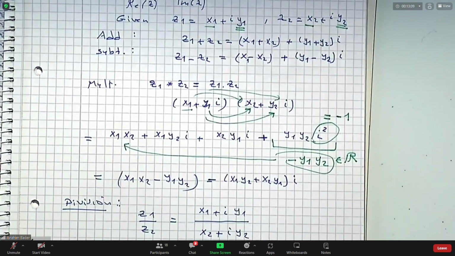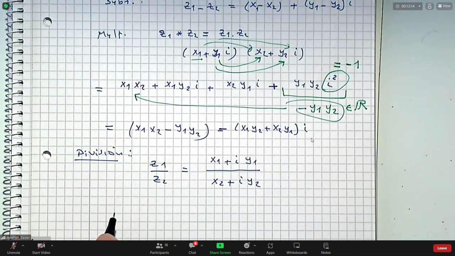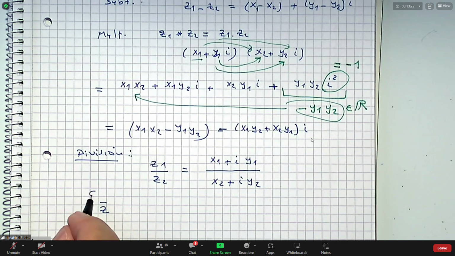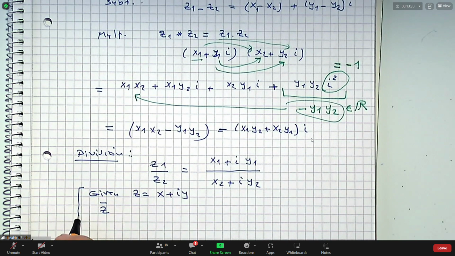Now the thing is, we define something for any complex number. Let's say z equals x plus iy in general. So this is a definition of what we call the conjugate.